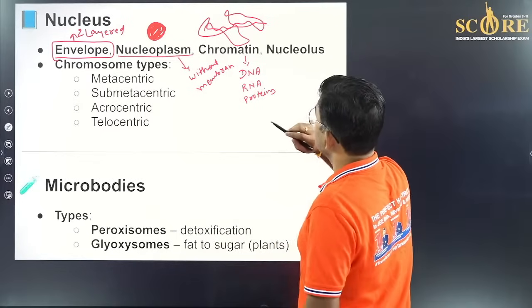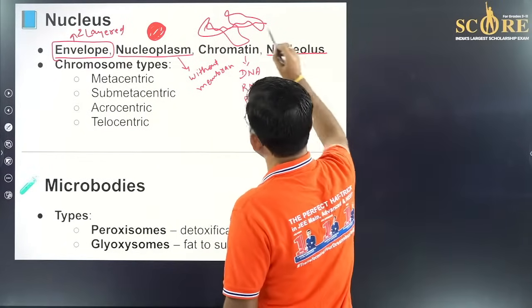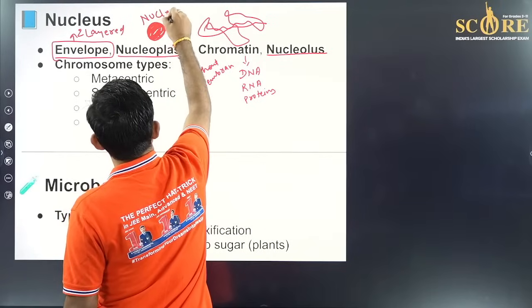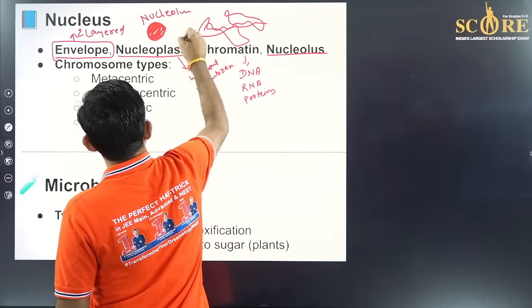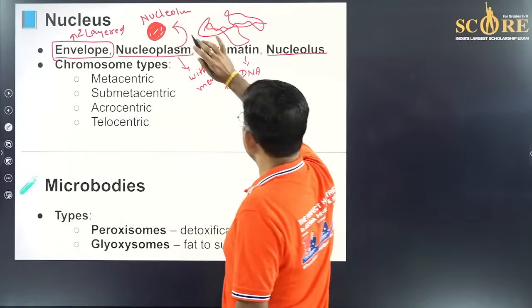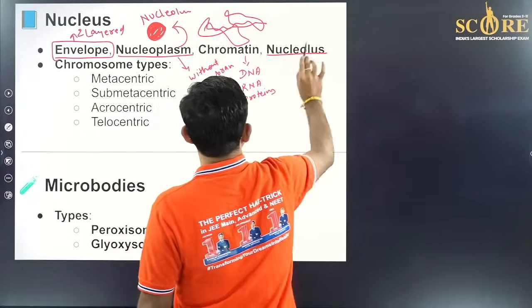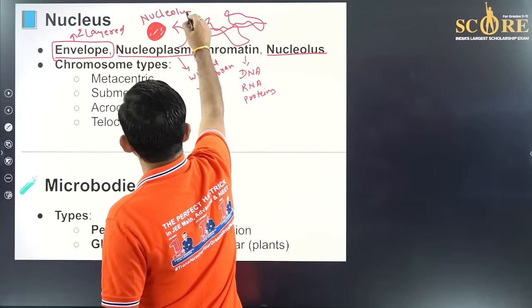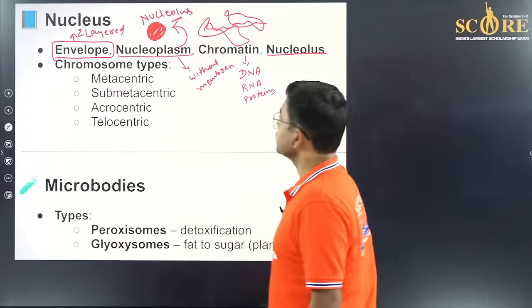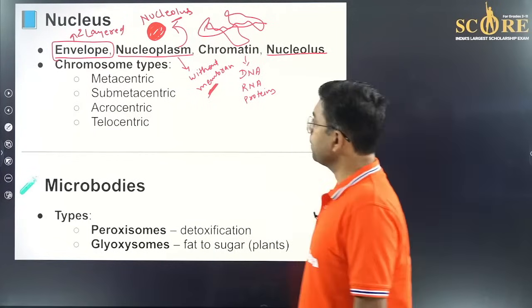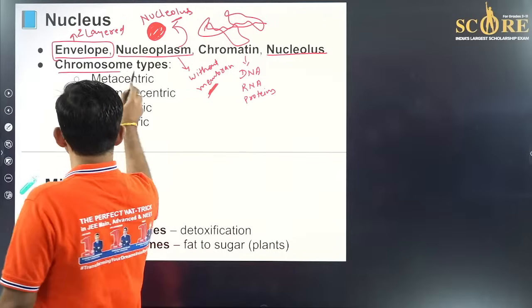And this is the nucleolus. Inside the nucleoplasm is the nucleolus. Basically the nucleoplasm will have all this together, and inside is the dense structure which is called the nucleolus, which is present without the membrane.